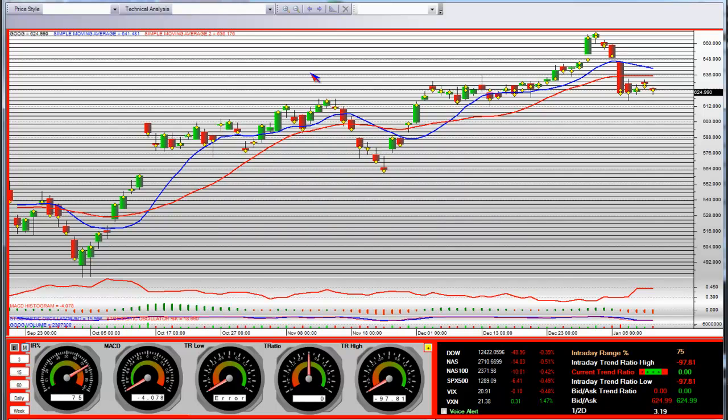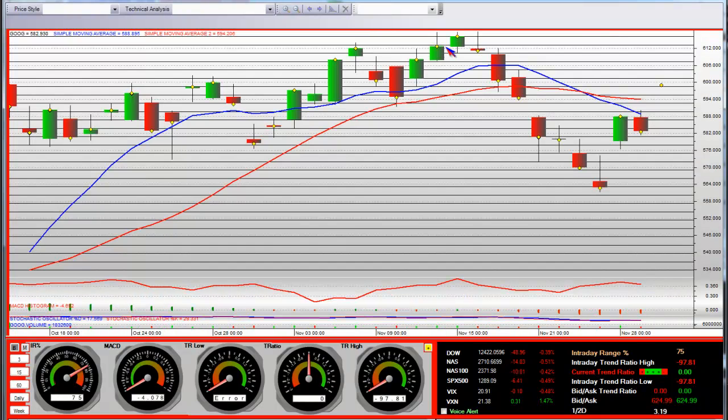Now, I don't know if it's going to get there, but as these things unfold, you can look at your Keltner band and say, well, I can just approximate. But I don't think we want to do that.